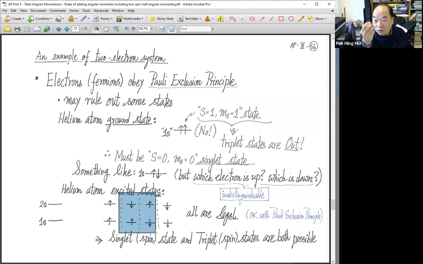You use a lot of magnetic materials every day in your hard drive, in your memories, memory sticks, things like that. But the understanding of that has to do with the understanding of the helium excited state. We will have more to say when we go to many-electron atoms later.